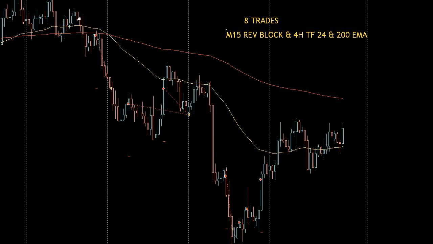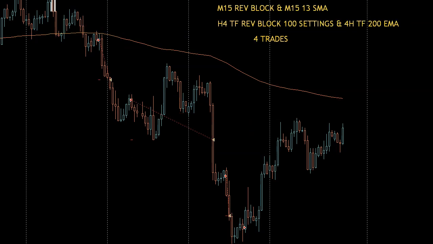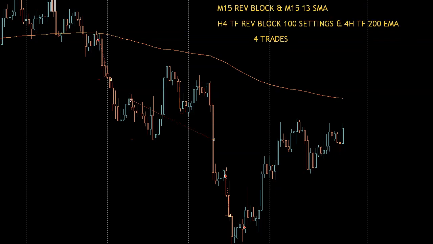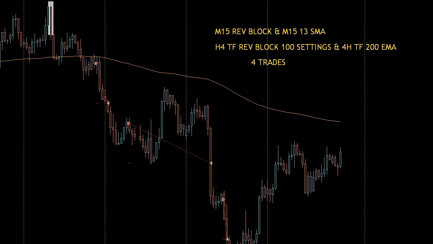Okay, so now lastly, the only example. In the previous one we got 8 entries, which was not much of a difference from the previous examples. Now this one right here is very different. In here I added that M15 reversal block and the M15 13 simple moving average, right?